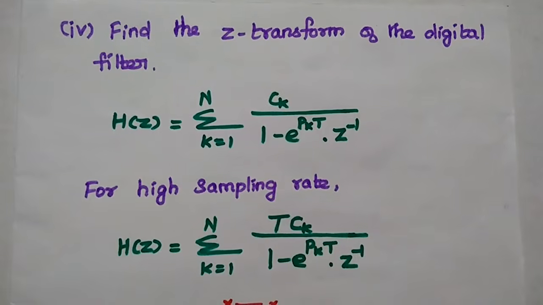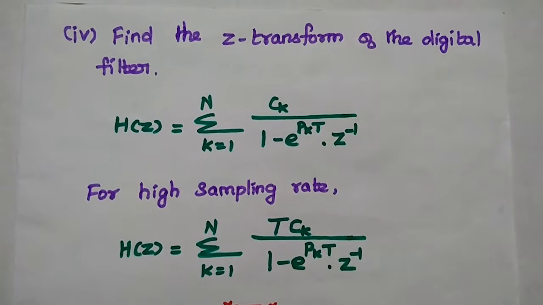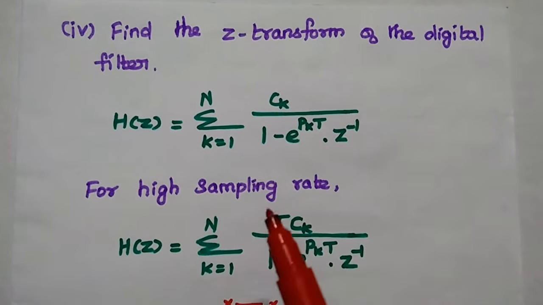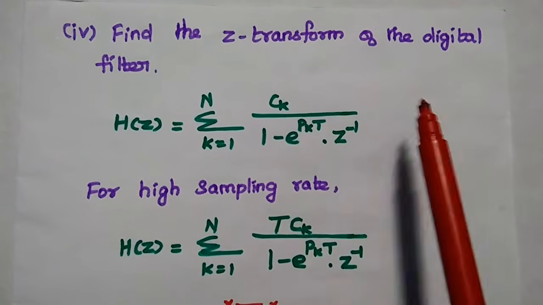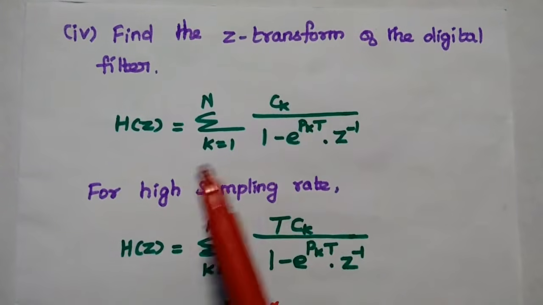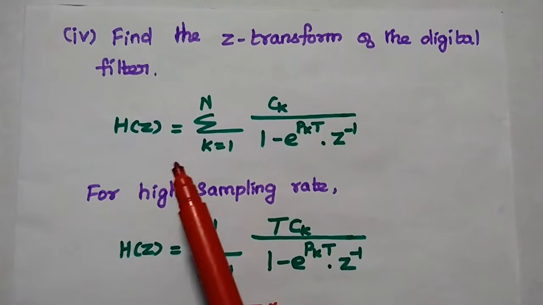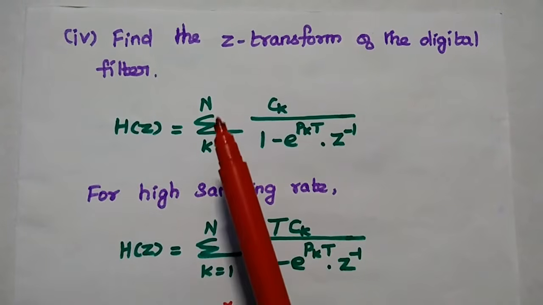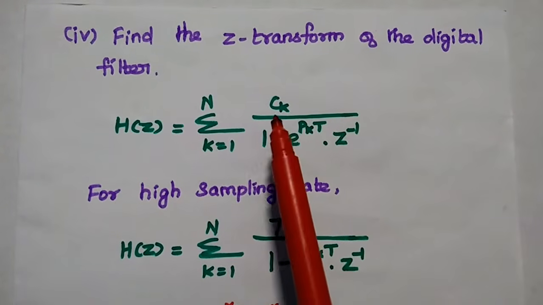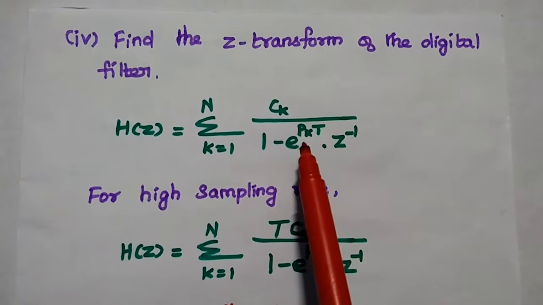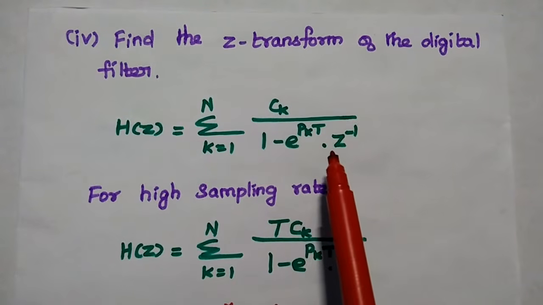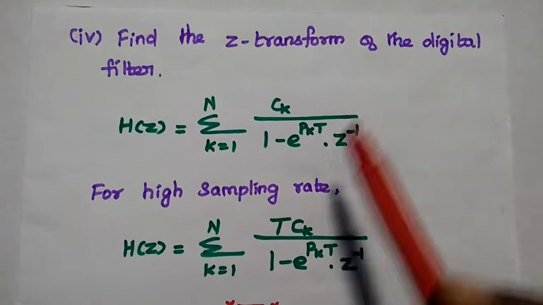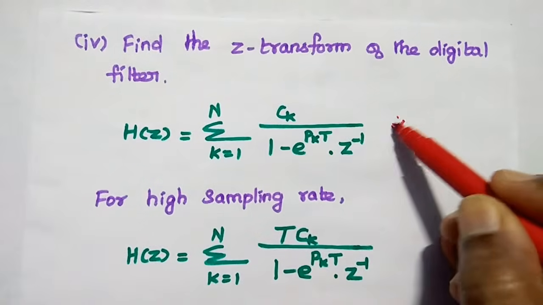The last step in the design process is to find the Z transform of the digital filter. That is represented as H(z) = summation k = 1 to N of ck divided by (1 minus e to the power pkT into z to the power minus 1). This is an important formula.